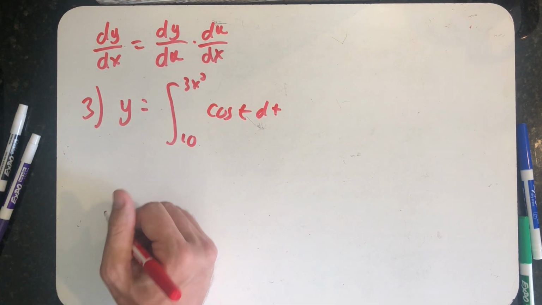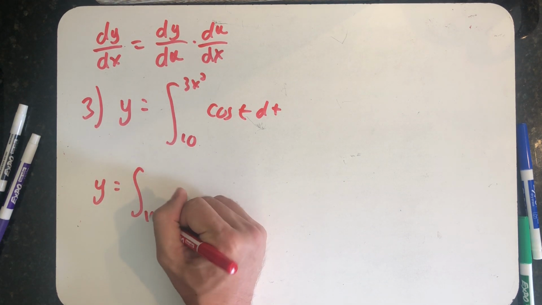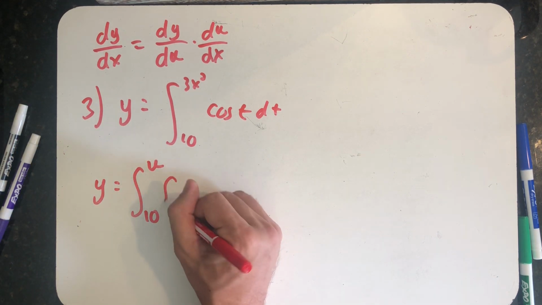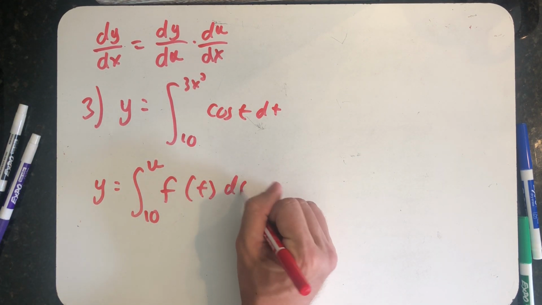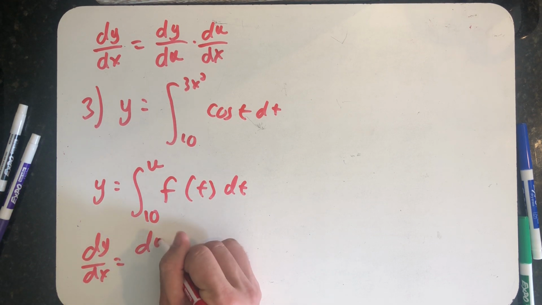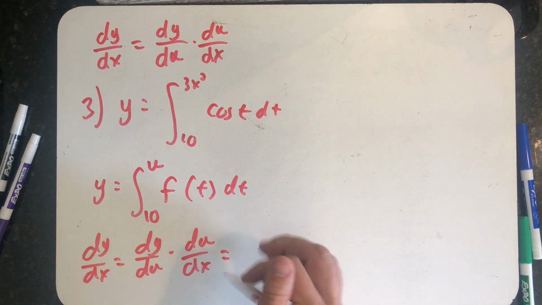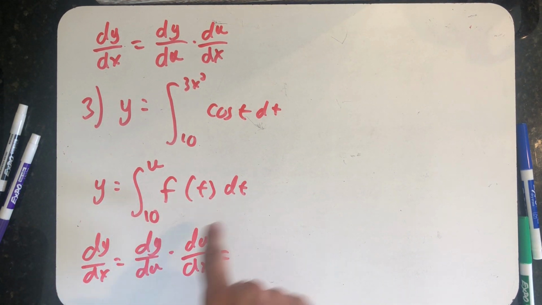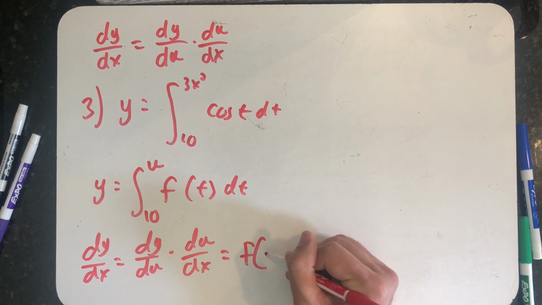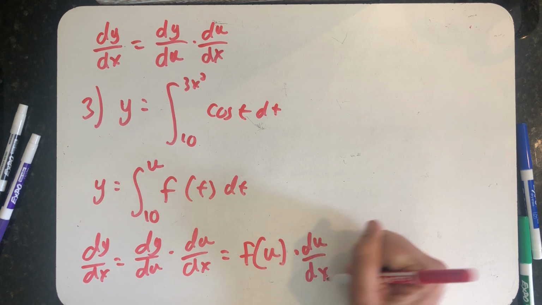So if I think about it, if that was y equals some number to the u, and this was just an f of t dt, well then dy dx should be dy du times du dx. Using the fundamental theorem of calculus part 1 on this, well, that part would simply be f of whatever u is times the derivative of u.